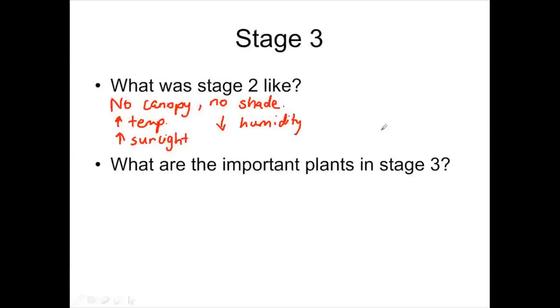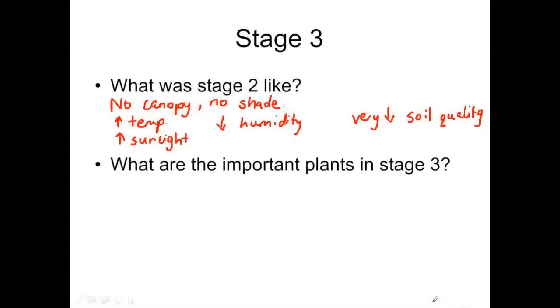Another thing that stage 2 was like, stage 2 had very low soil quality. This is because the only vegetation that was around was the grasses and the mosses and the lichen and the herbs.